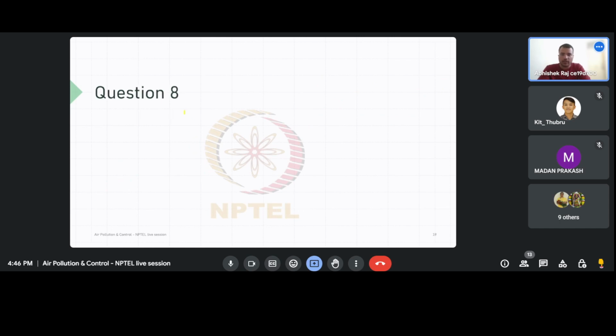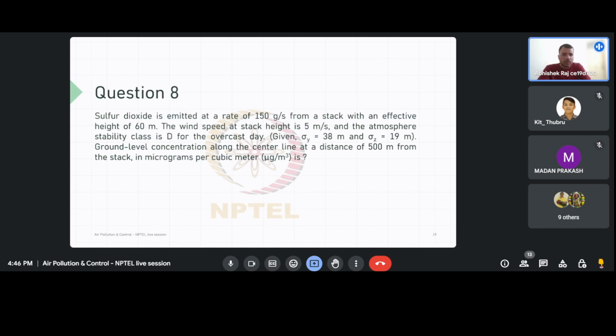Moving to question 8. This is a numerical. I'll read it. Sulfur dioxide is emitted at the rate of 150 grams per second from a stack with an effective height of 60 meters. The wind speed at stack height is 5 meters per second, and the atmospheric stability class is D for an overcast day.